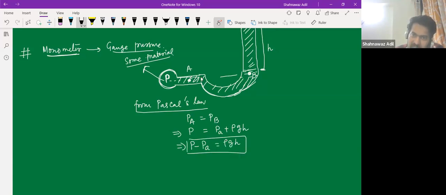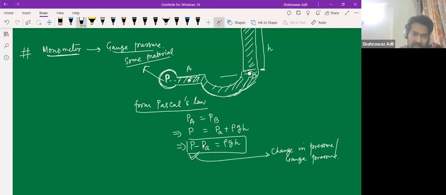So we know the density of this material, and we know this height. So we can calculate this change in pressure, which is the gauge pressure. So that is how this manometer works.